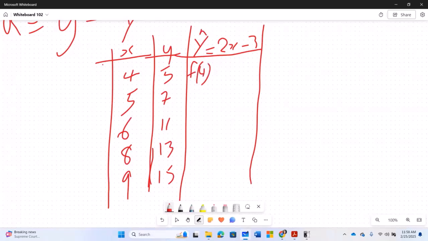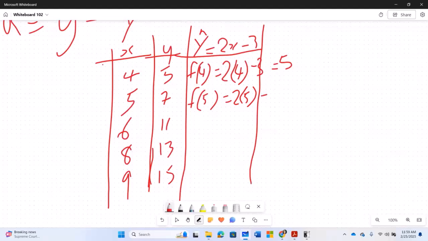F of 4 is 2 times 4 minus 3. 2 times 4 is 8, 8 minus 3 is 5. F of 5 is 2 times 5 minus 3. 2 times 5 is 10, 10 minus 3 is 7.